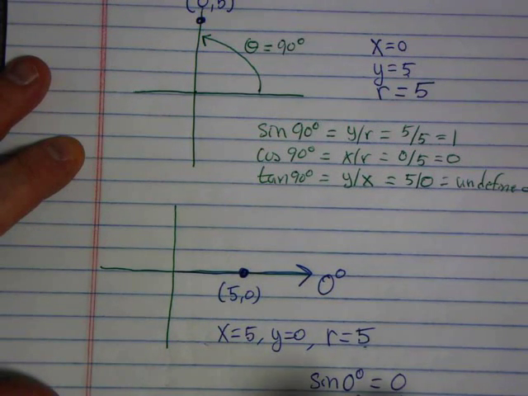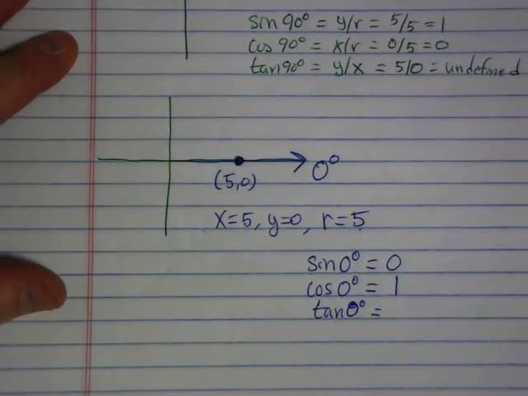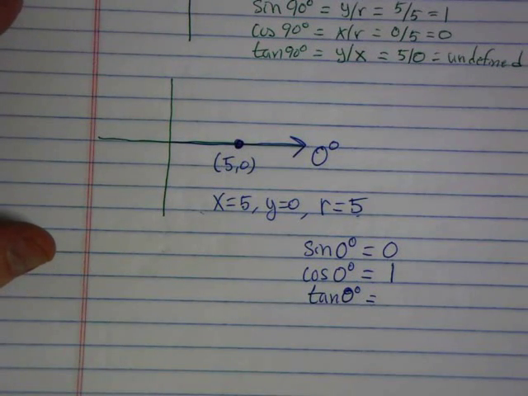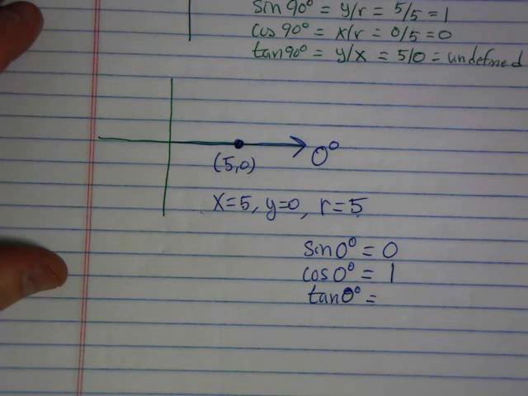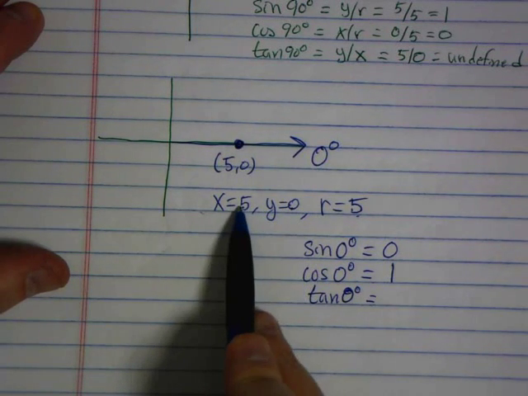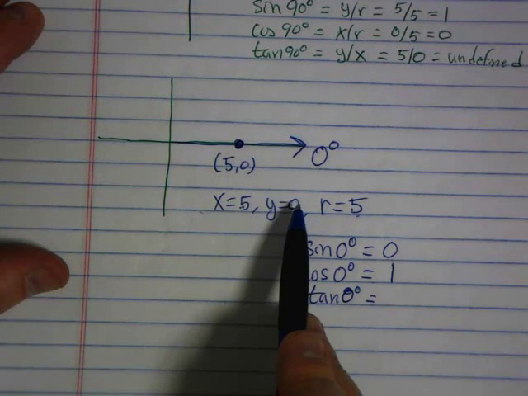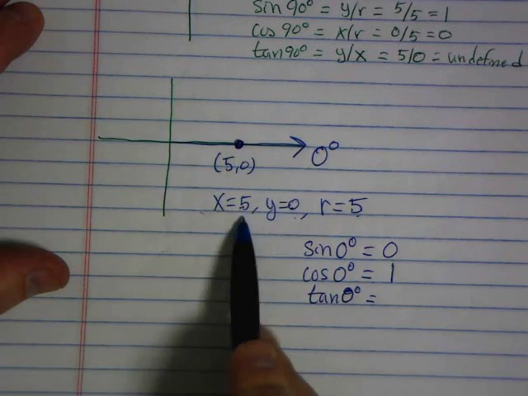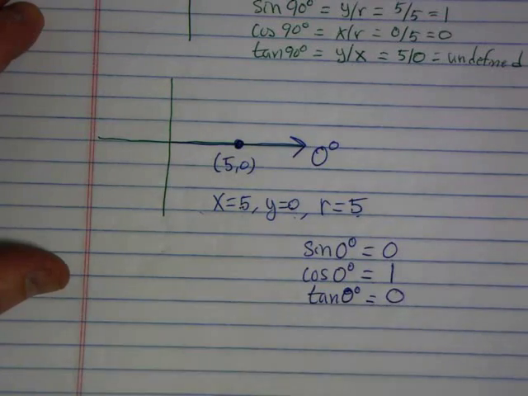And tangent of 0 degrees? Tangent is y over x. 0 on top is okay. 0 over 5 is 0.